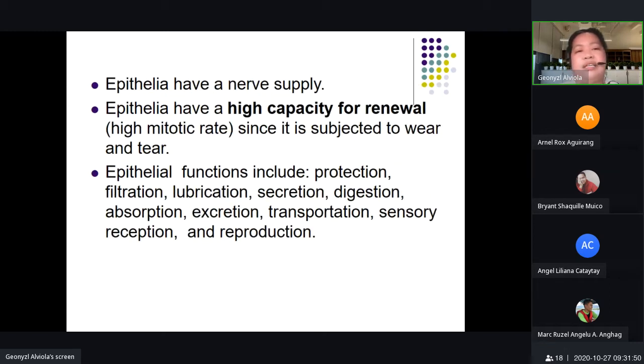Each epithelial cell has a high capacity for renewal. It has a fast mitotic rate because, if our surface skin wears off quickly because of rubbing and scratching, a part of the cells is removed. This is especially true for people who exfoliate.